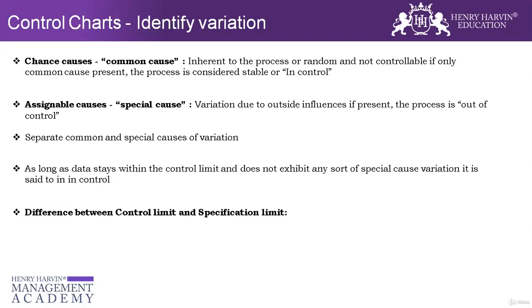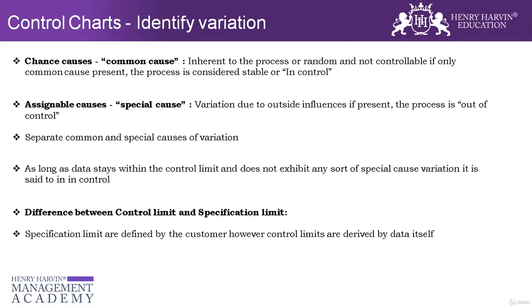So that's the special cause, that's the control limit. Now let's see the difference between the control limit and the specification limit. Specification limits are defined by the customer. However, the control limits are derived by the data itself. Interestingly, control limits are not communicated by anyone. The data decides on its own, taking into consideration the type of data, the number of sample points, the number of measurements, everything.